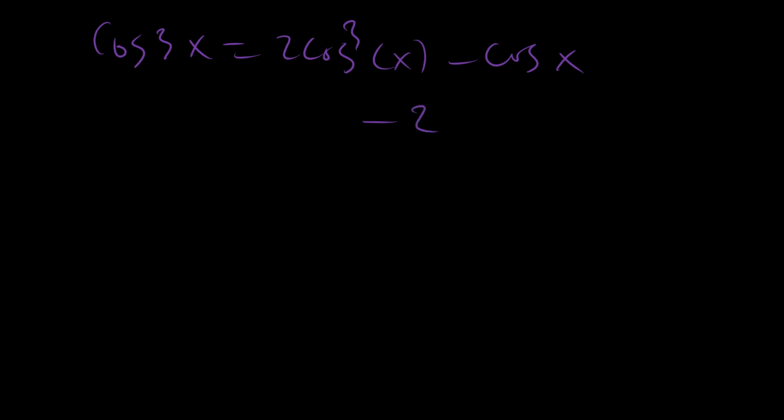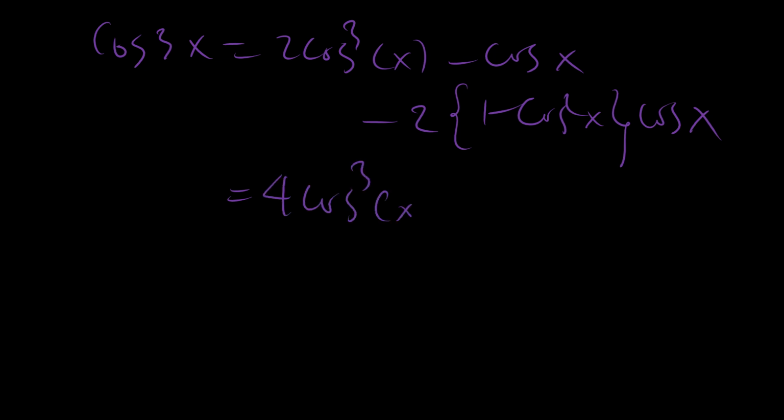Since cosine 3x is equal to 2 cosine cubed x minus cosine x minus 2(1 minus cosine squared x) cosine x, which is equal to 4 cosine cubed x minus 3 cosine x.